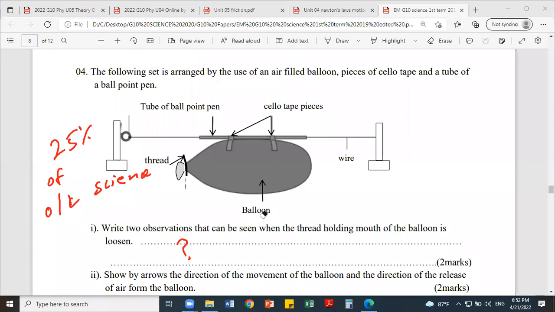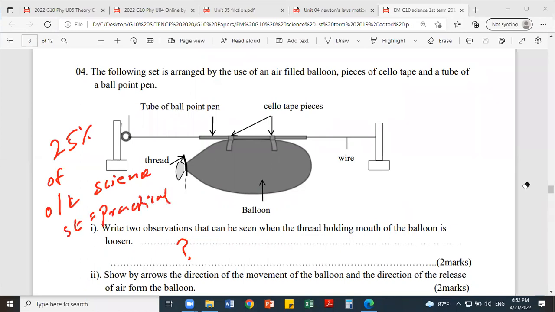That is also possible here. Understood? Right. So like that they can ask questions.